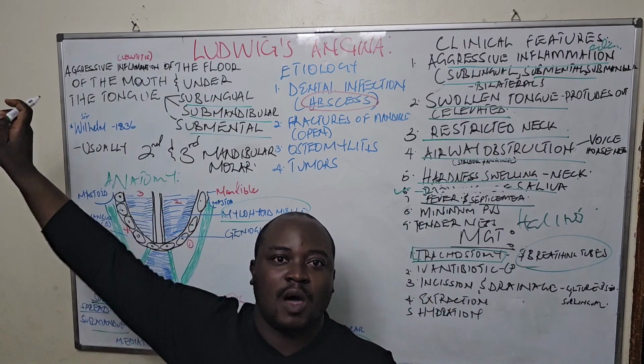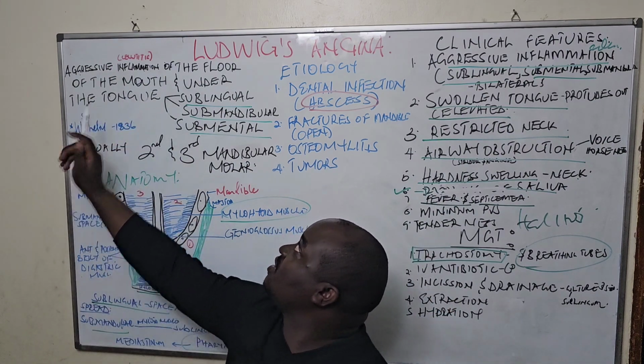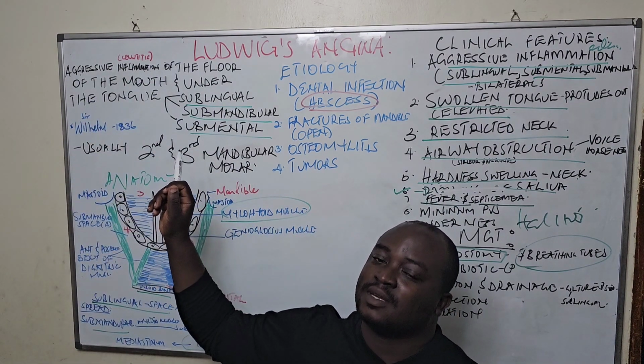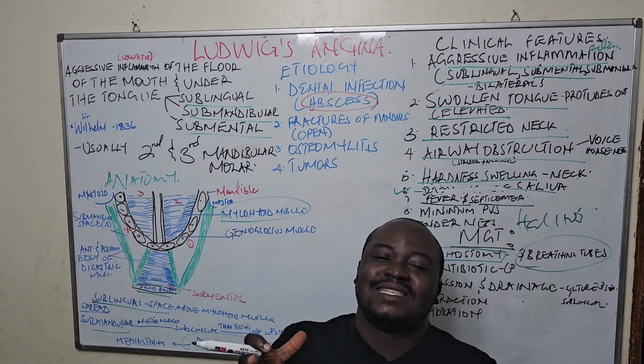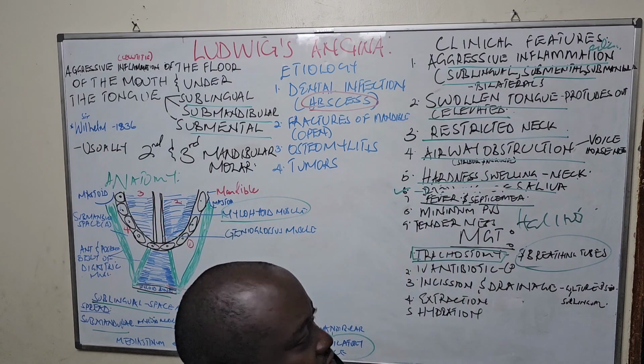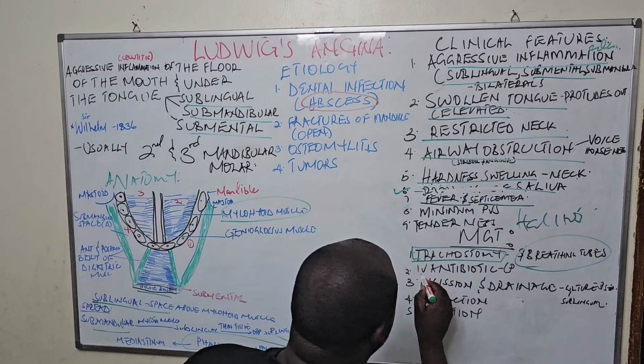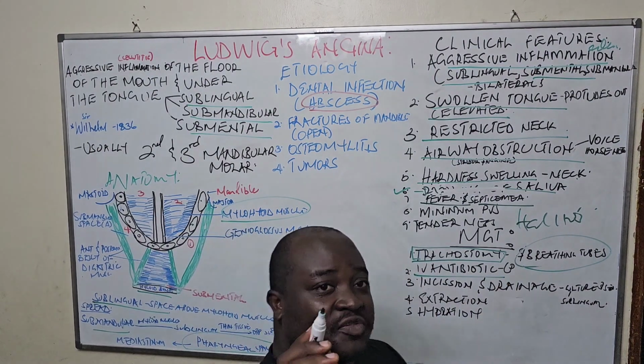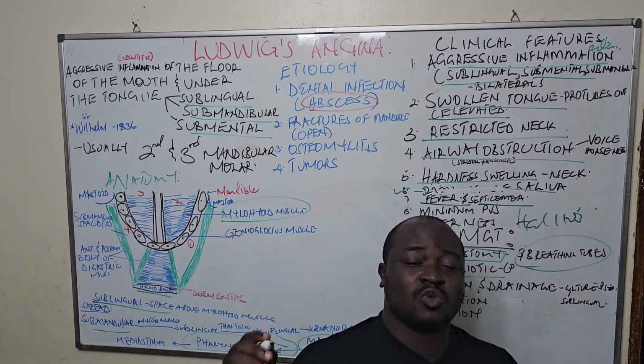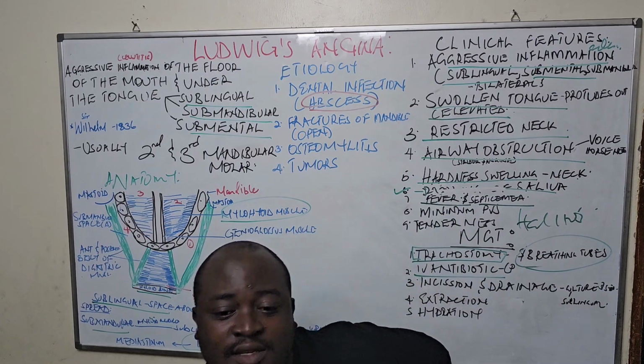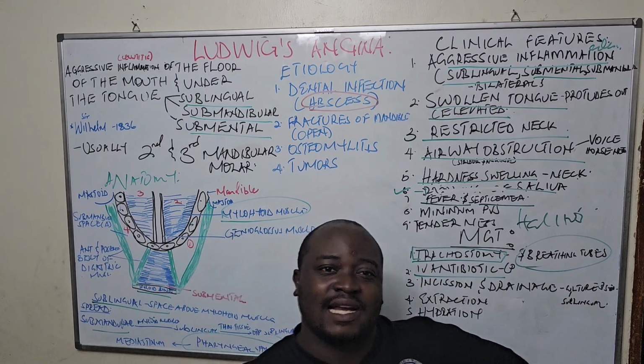Because remember, our condition here, Ludwig's angina, is a strangulating infection. Antibiotics, as we said before, it will be good not to wait for culture and sensitivity at this moment.